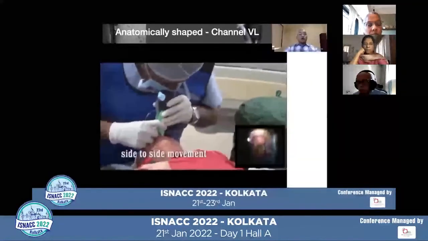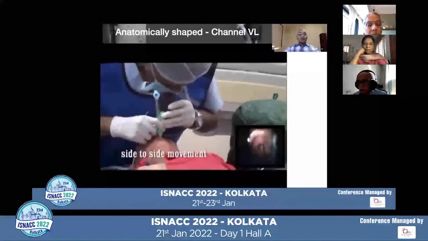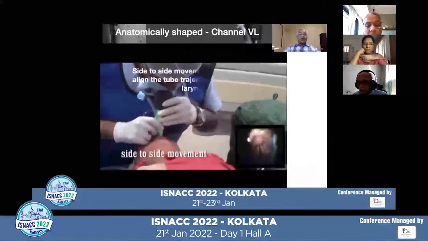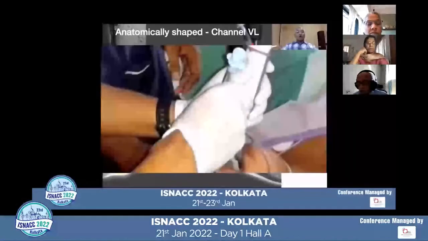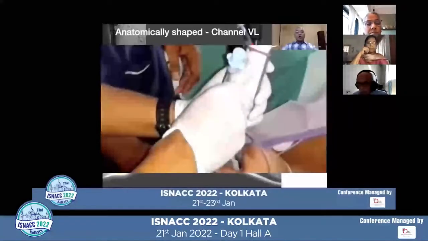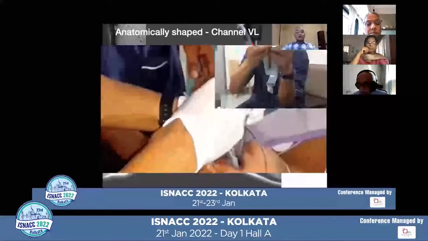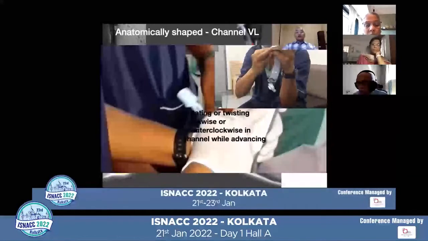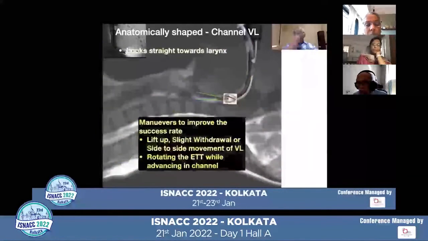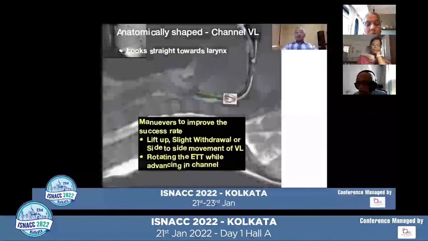Also, you can do side-to-side movement of the device so that the tube trajectory can be altered towards the laryngeal opening. Or you can manipulate the endotracheal tube as you are pushing it in the channel, so that the tube can be swayed sideways on either side by doing clockwise or anti-clockwise movement, so that the tube can be directed towards the laryngeal opening.